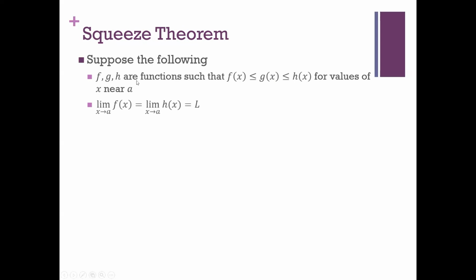The other thing I want to assume is that the limit as x approaches a of the 2 outer functions, the least and the greatest, that limit's the same. So if f is less than or equal to g, which is less than or equal to h, everywhere in that neighborhood around a, and I know the limit as x goes to a of f of x is equal to the limit of h of x, what do you think that means for that limit of g?